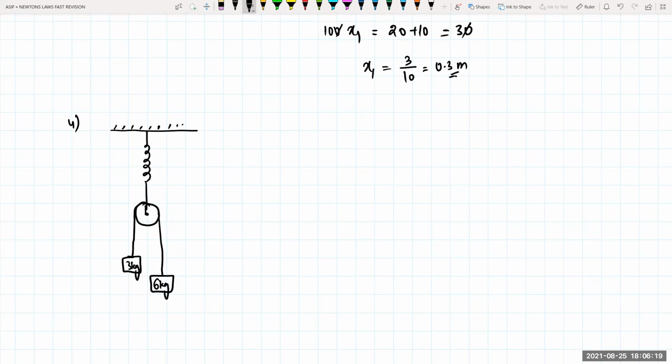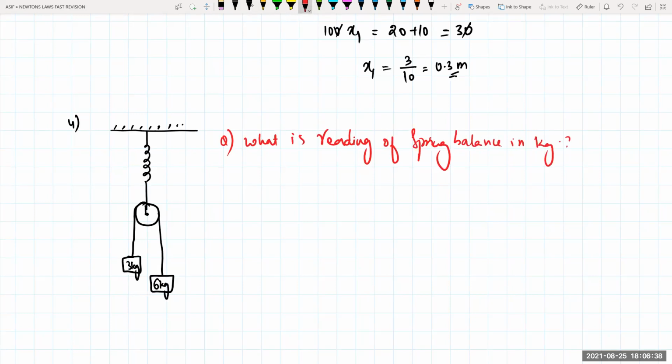Now the question is, the masses are in motion, beta. So what will be the reading of the spring balance? Spring balance in kgs. Clear? Yes, sir.